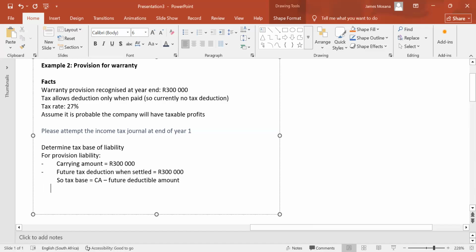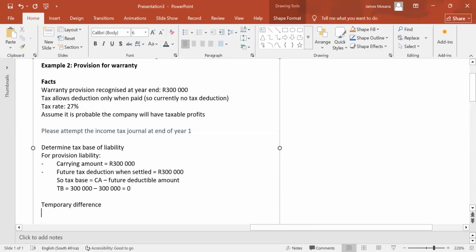So in this particular case, tax base would be 300,000 less 300,000, which is going to give us 0. This is going to be our tax base. Now, what we are then going to do is calculate our temporary difference, right?